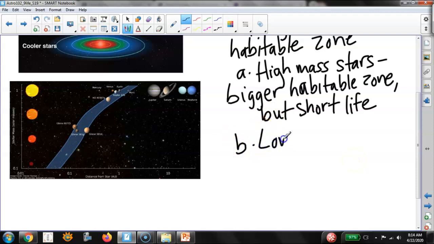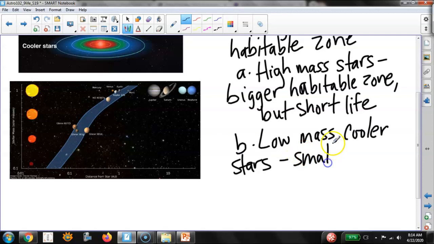So what about low mass stars? Well, our sun is a low mass star, but it turns out there's a lot of stars out there that are even lower mass and even cooler than our sun, those red dwarf stars. So these low mass cooler stars, they have smaller habitable zones.